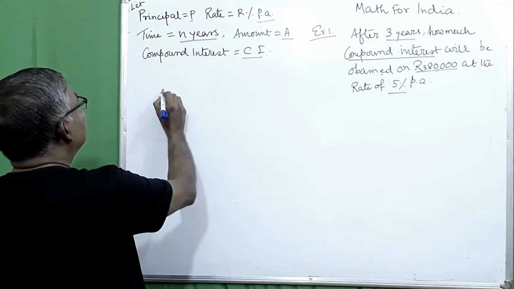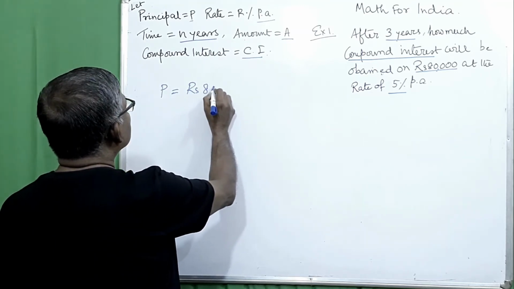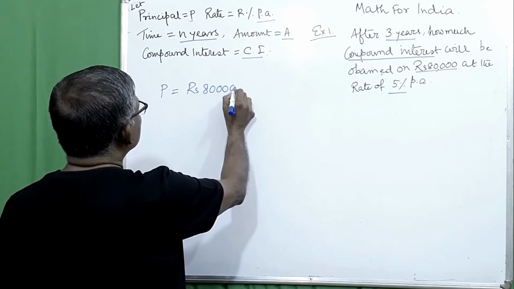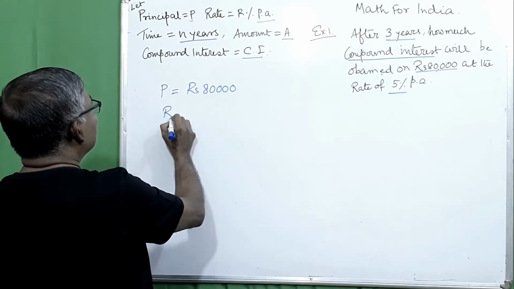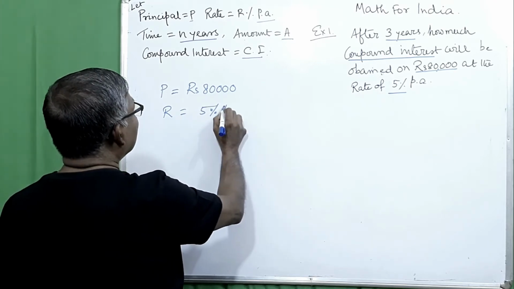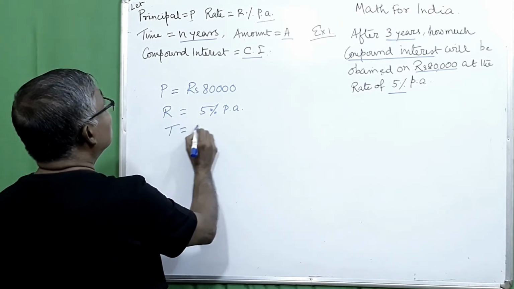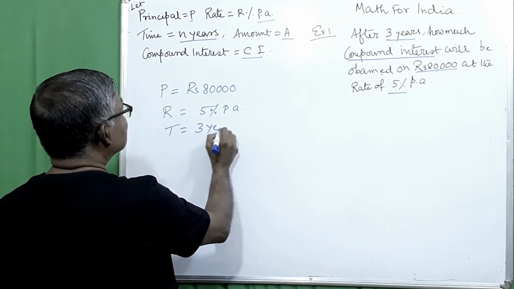Here given P equal to rupees 80,000, R equal to 5% per annum, and n equal to 3 years.